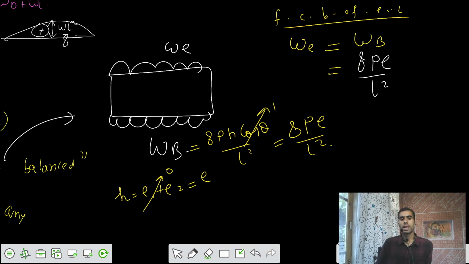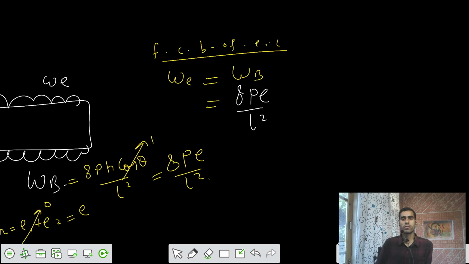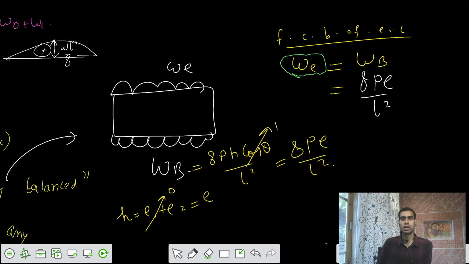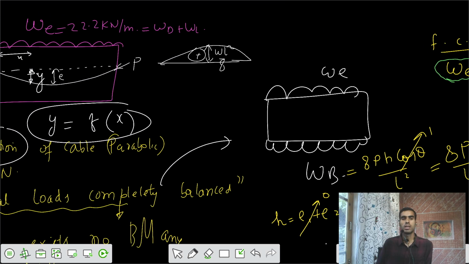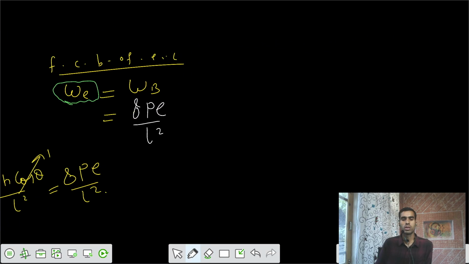Now because of this, I can get the value of e at the midspan. I already know the value of the external UDL. That was given to you as 22.2 kilonewton per meter. So I would say this 22.2 kilonewton per meter is equal to 8Pe by L square, and I can get the value of e at midspan.